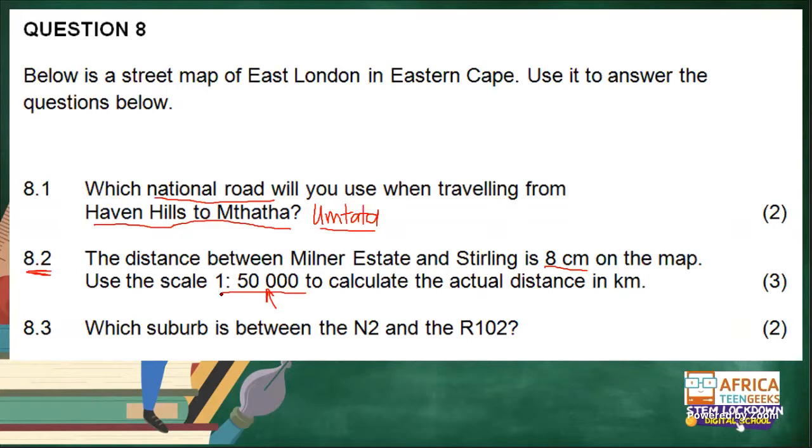Remember, 1 represents the map and 50 represents the real distance. So you multiply 8 centimeters by 50 to get centimeters.